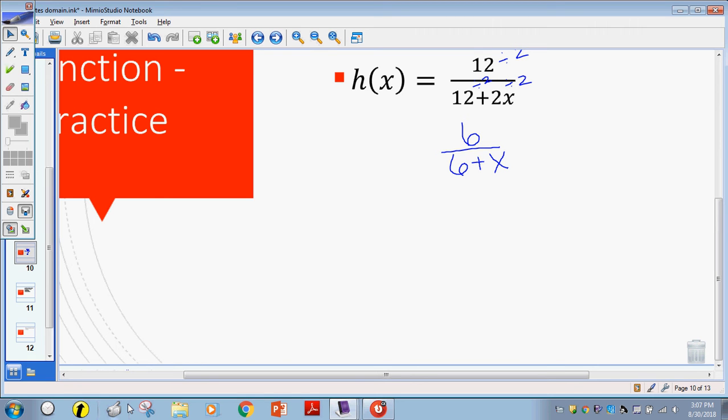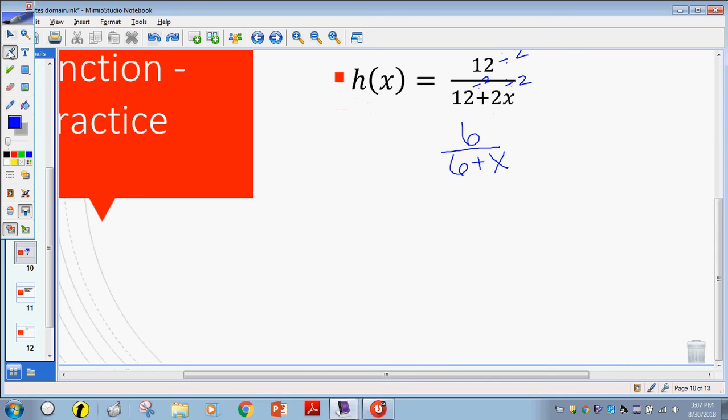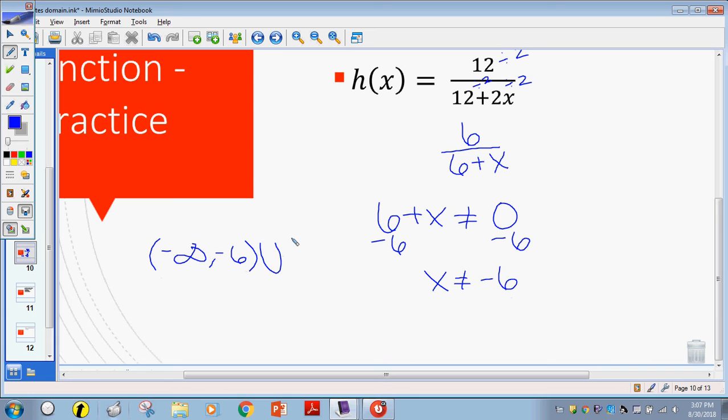It's -6. So we have 6 plus x does not equal 0. I move my 6, so I have x does not equal -6. That's my inequality, and my interval is -infinity to -6, union -6 to infinity.